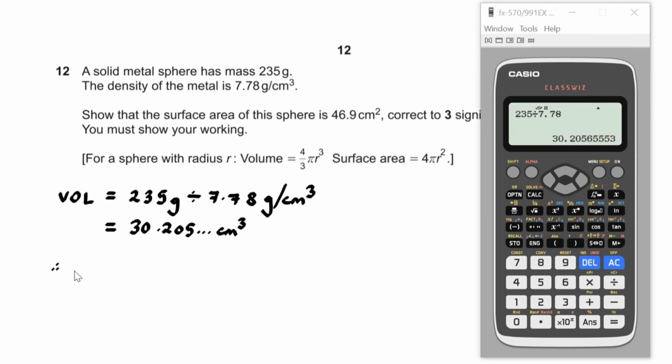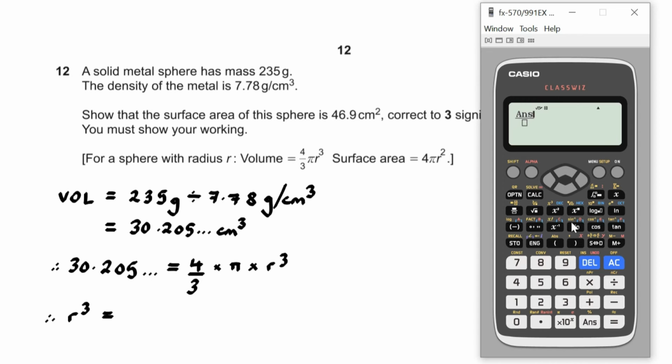So knowing what the volume is, we can find the radius, from which we can find the surface area. So we have the volume 30.205 etc. That is equal to 4/3 times pi times by the radius cubed. So let's find out what the value of the radius cubed is. That's equal to this divided by 4/3 pi.